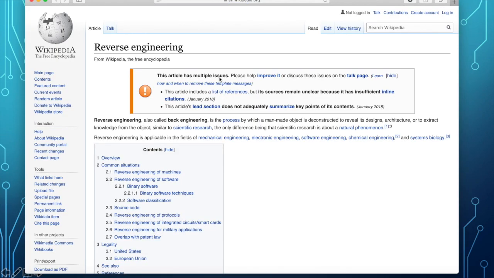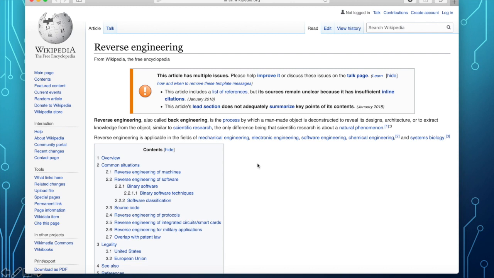All right. So, what is reverse engineering? Reverse engineering, also called back engineering, is a process by which a man-made object is deconstructed to reveal its designs, architecture, or to extract knowledge from the object. It's similar to scientific research, the only difference being that scientific research is about a natural phenomena.